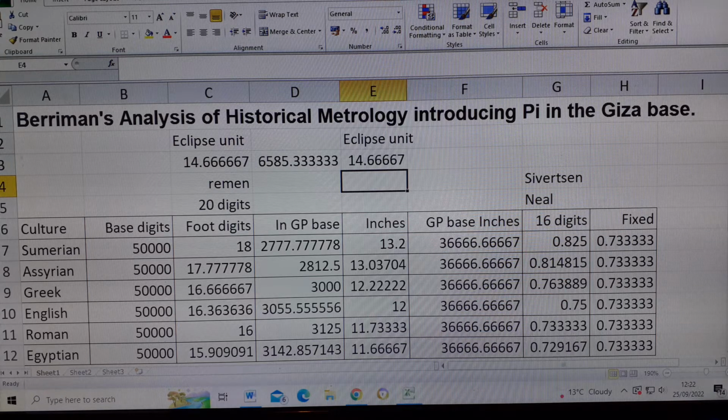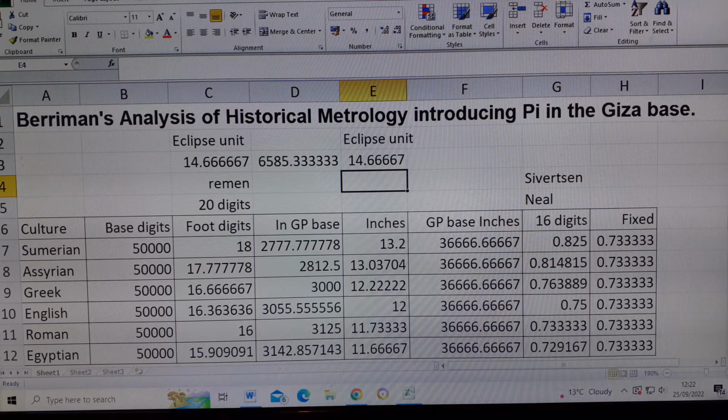So when we look at the Sumerian foot, which has got 18 digits in it, according to the analysis in Berriman's book, Historical Metrology, we find in the Giza base there are 2777.77 recurring of these units in the Giza base of 36666.666 recurring inches.